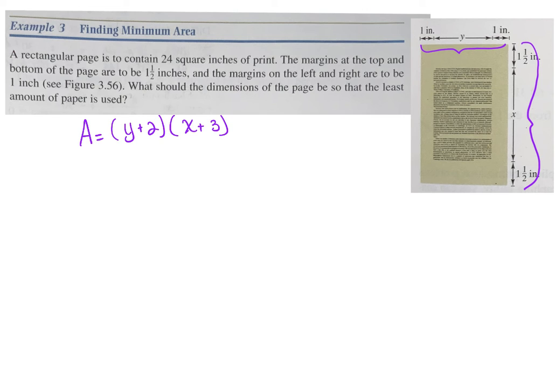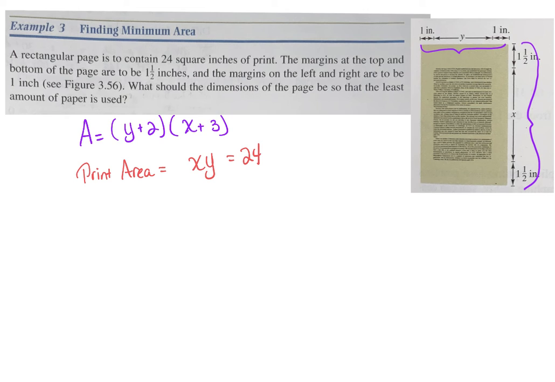All right, my secondary equation then is going to be the print area. The print area is just what? What is that area? Just x times y, and we know that's going to be exactly 24. In this case, it does not matter which one I solve for because I have one x and I have one y.